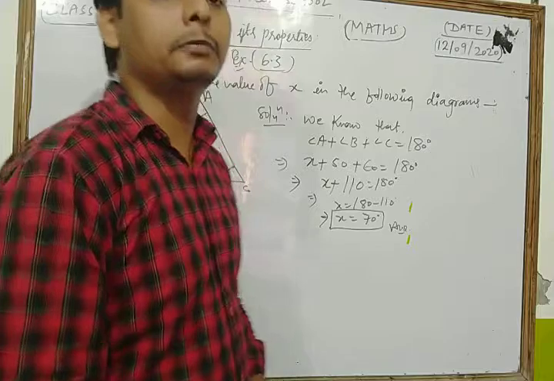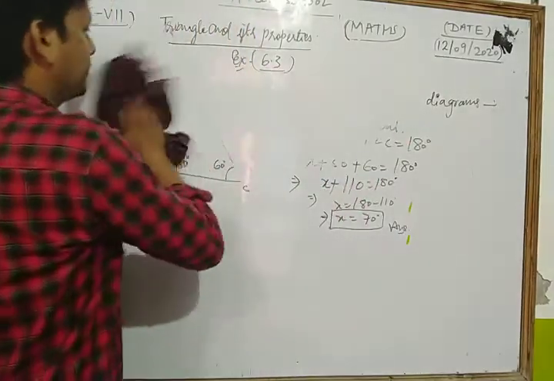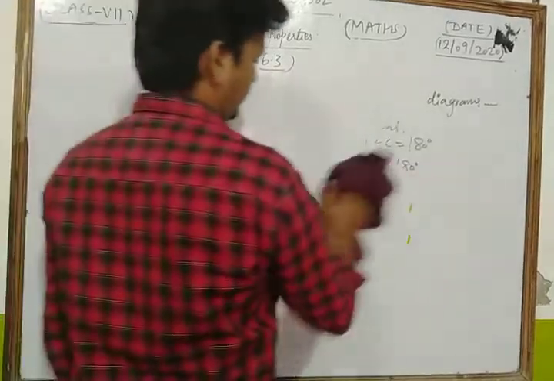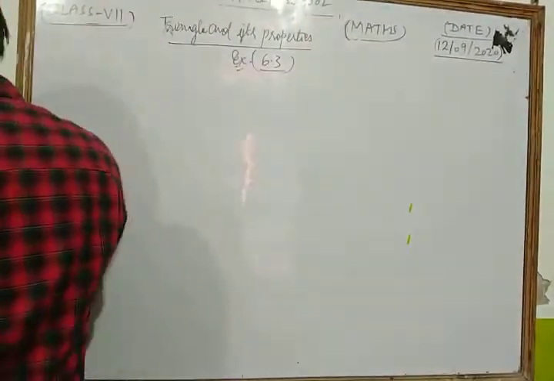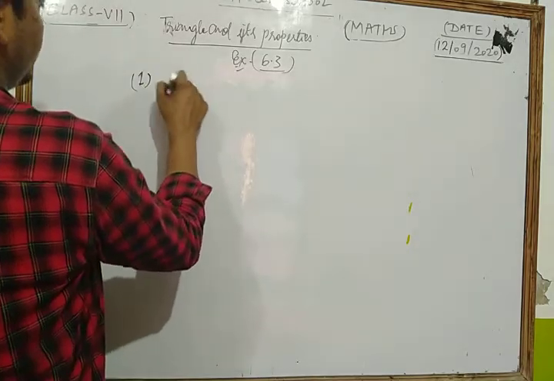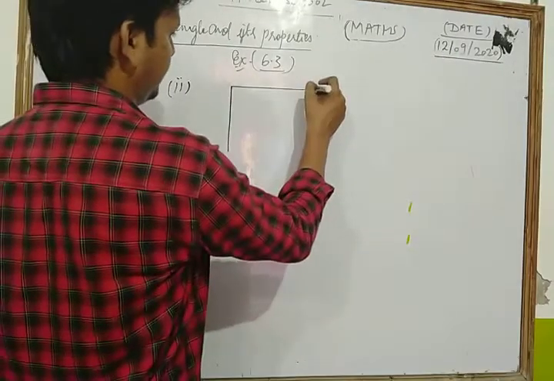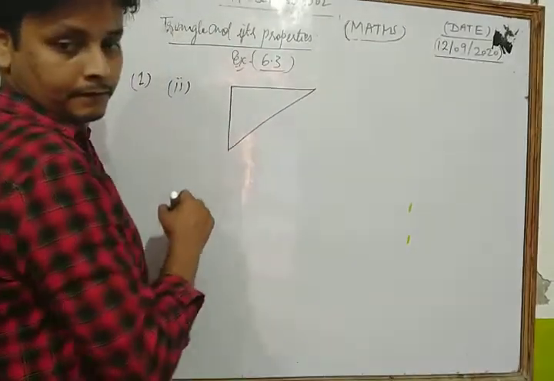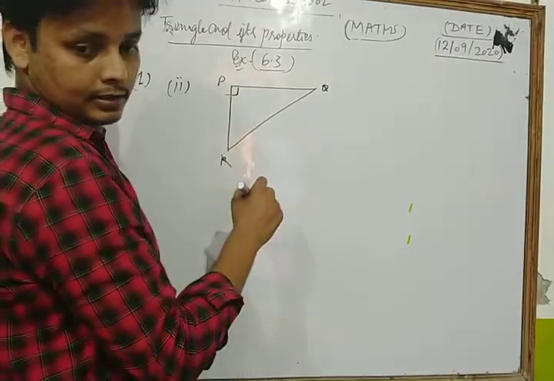Now we take the second part of question 1 and solve it. This is triangle PQR.